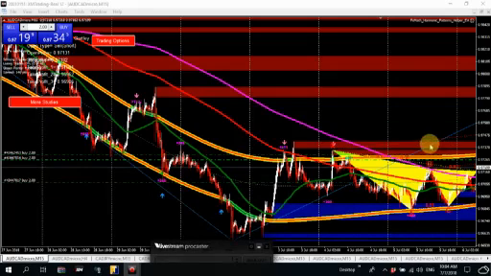So definitely your entry opportunity lies inside this flat, for a long-term uptrend. The channel is diving above the moving average.